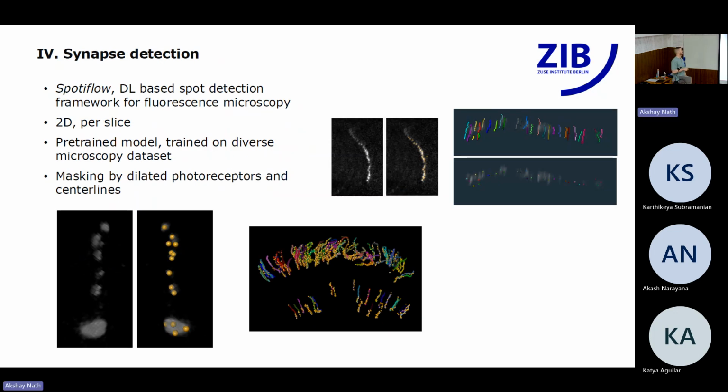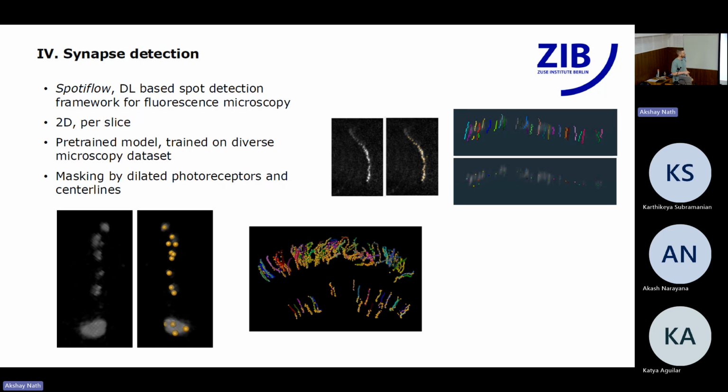The following step, for the processing of the last channel, the synapse channel, is done using another deep learning tool called Spotiflow, a tool for spot detection in fluorescence microscopy, and it's again done in 2D by slice.